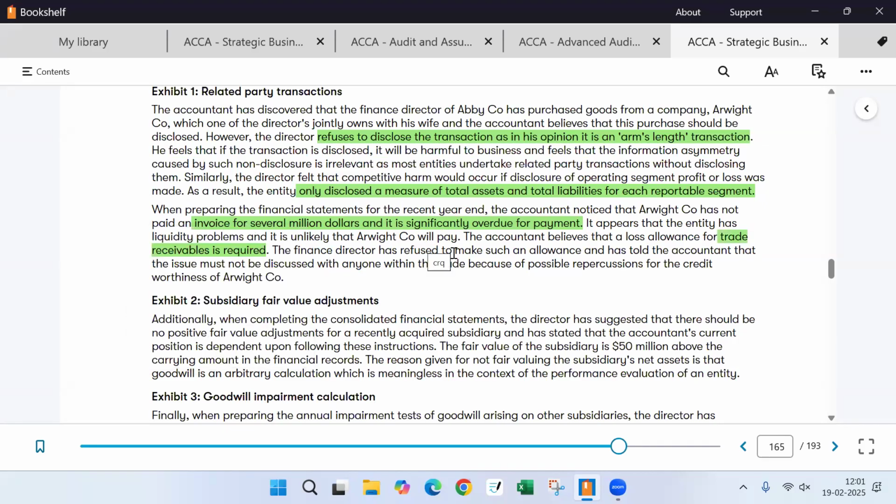The finance director has refused to make such an allowance and has told the accountant that the issue must not be discussed with anyone within the trade because of possible repercussions for the creditworthiness of Alright company. Okay. So now what is the issue that we are facing here?